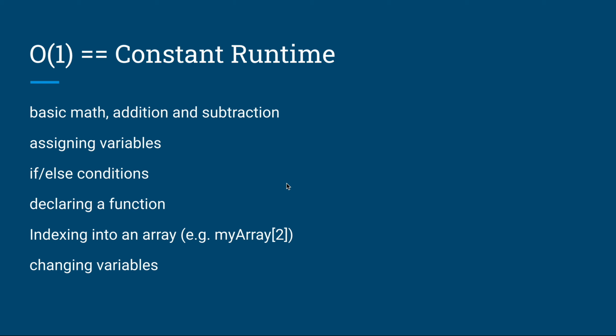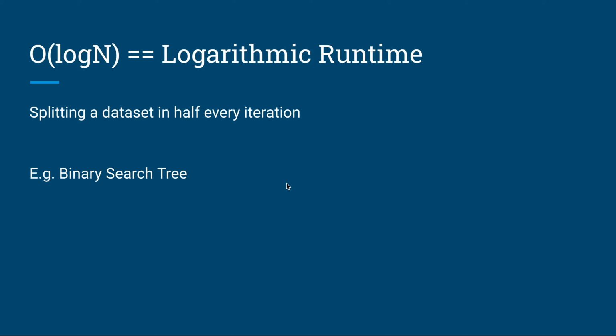Okay, so that's constant. Now we go to O of log n, which is called logarithmic runtime. This is when you're splitting a data set in half on every iteration. The best example of this one is a binary search tree, which is a data structure we'll go into. But basically, you're saying, oh hey, I have a dictionary, and I want to find the word hippopotamus.